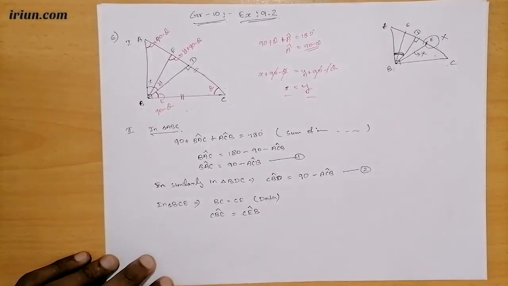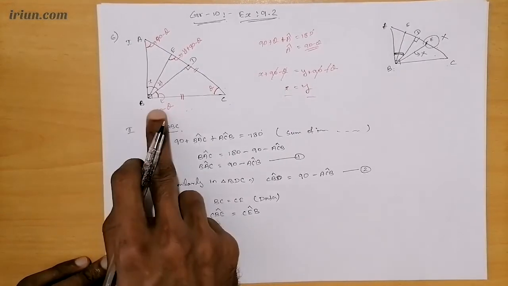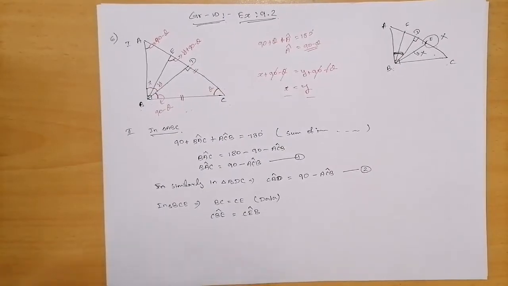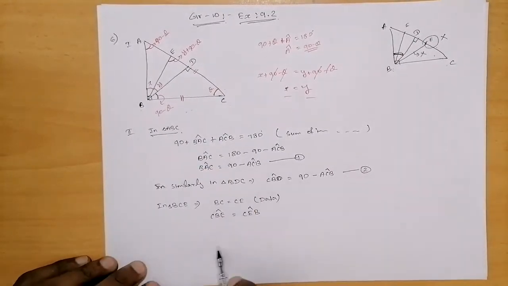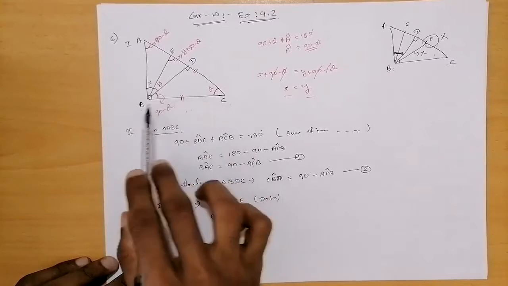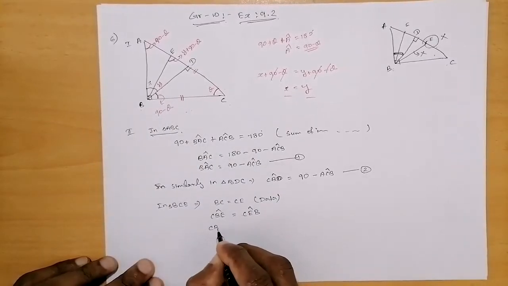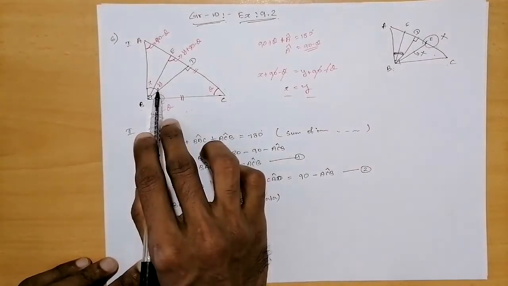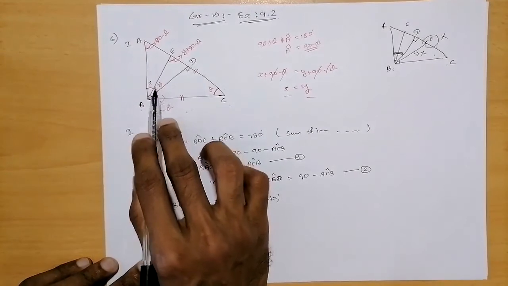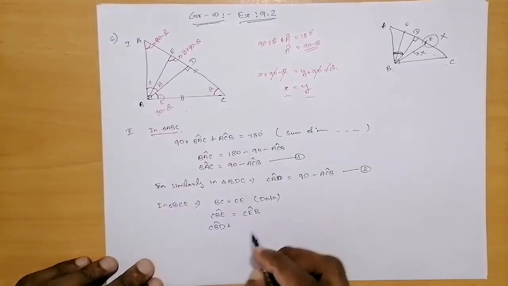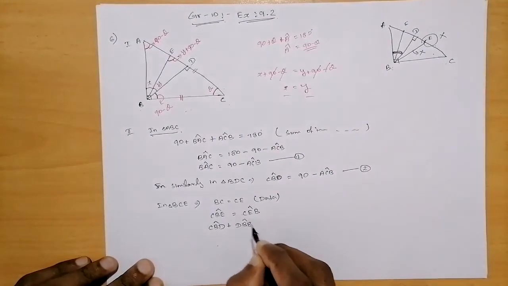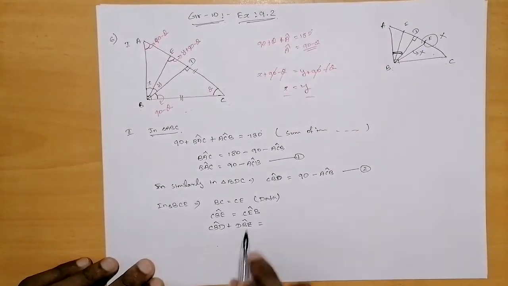CBE contains two angles, it is a sum of two angles. So we can rename it. One of the angles is CBD, plus the other angle is Y, that is our concerning angle. So we name it DBE. So CBD plus DBE is equal to CEB.